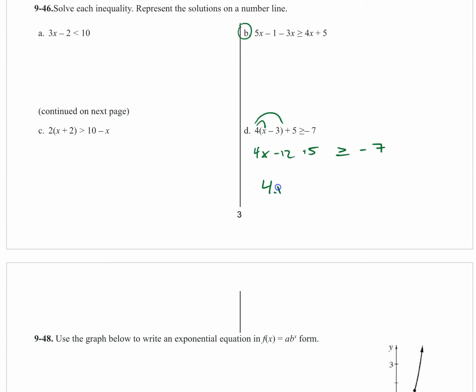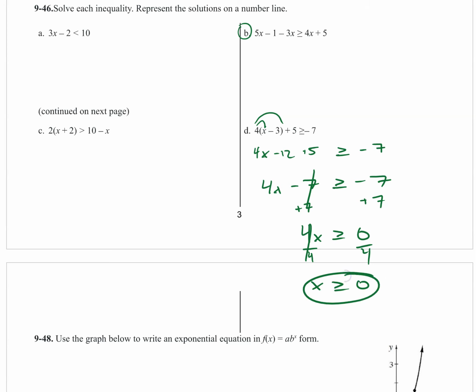Combine like terms to get 4x minus 7 greater than or equal to negative 7. Adding 7 to both sides, I get 4x greater than or equal to 0. Dividing both sides by 4, 0 divided by anything is still 0, so x is greater than or equal to 0.